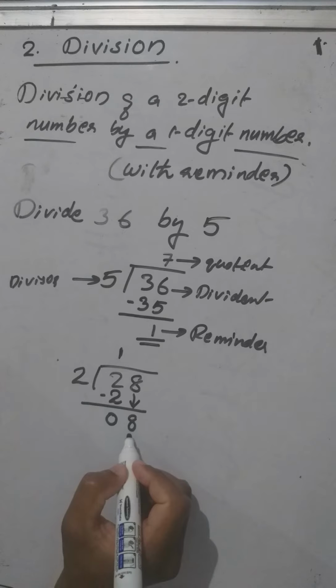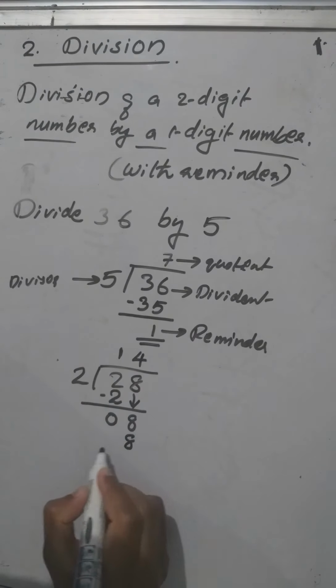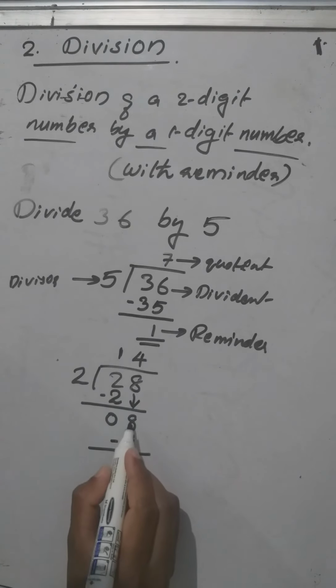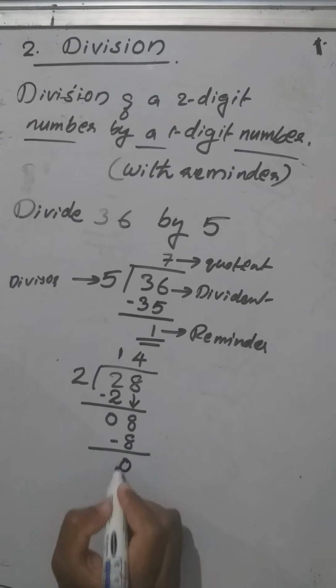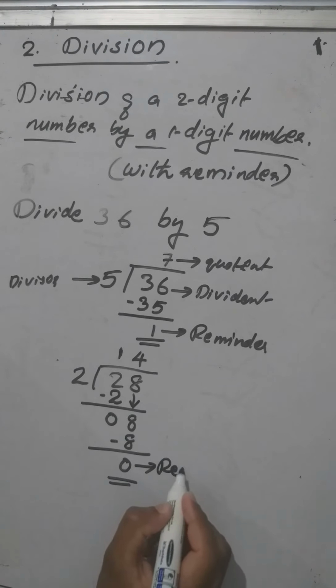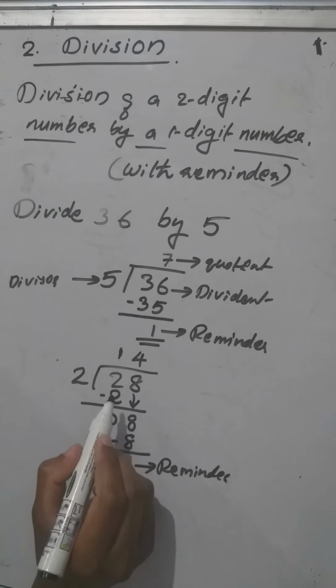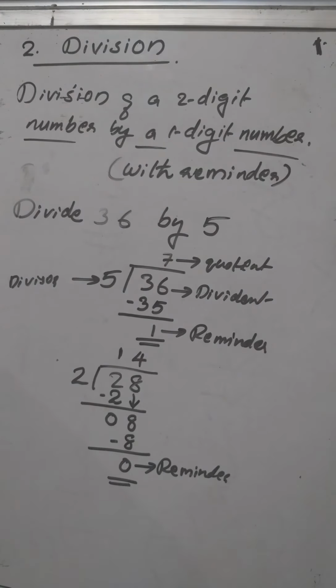So how many 2's are 8? Yes, we know that 4 2's are 8. Subtract 8 from 8. 8 minus 8 is equal to 0. So we got the remainder as 0.